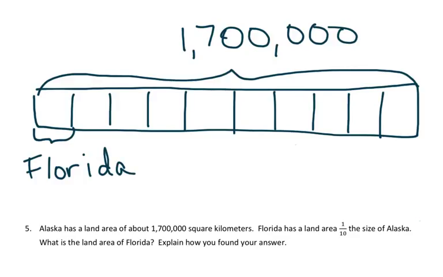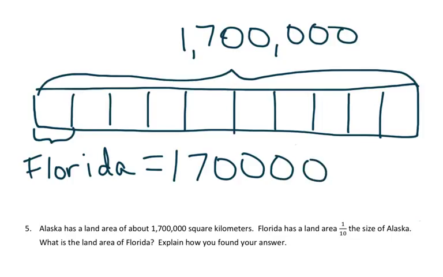I'm taking 1,700,000 and dividing it up into these 10 pieces. Since I'm dividing, I know that I can move my digits over one place to the right. If I do that, the land area would be 170,000. So the land area for Florida is 170,000 square kilometers.